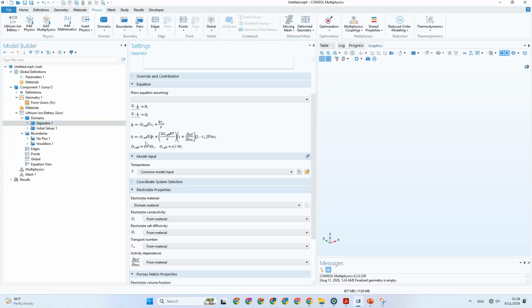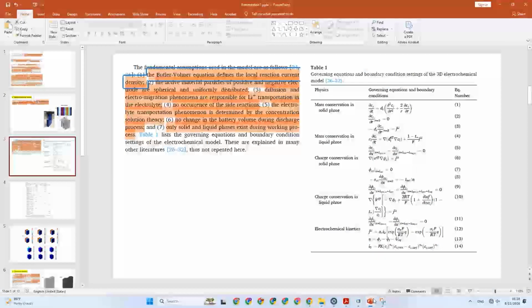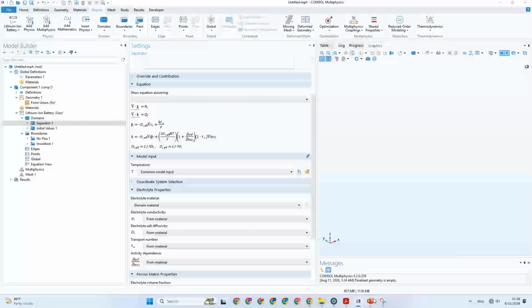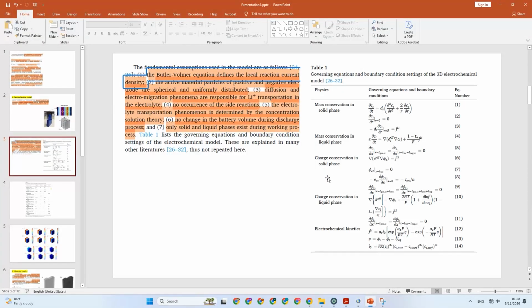In the separator, we have divergence of JL equal to RL, IL is equal to QL, and this was for the separator. It means in the solid phase, in the liquid phase maybe. We have some different notation, but let me write this and compare it.